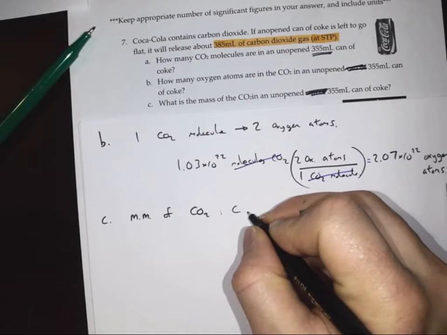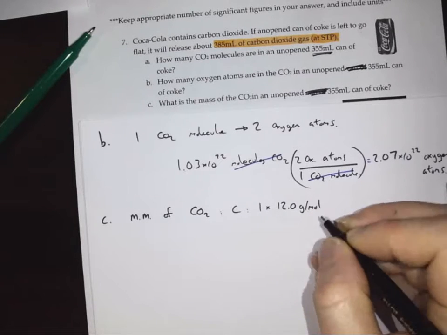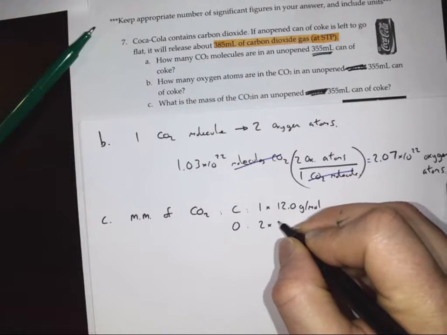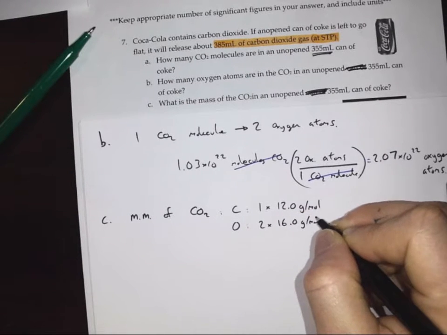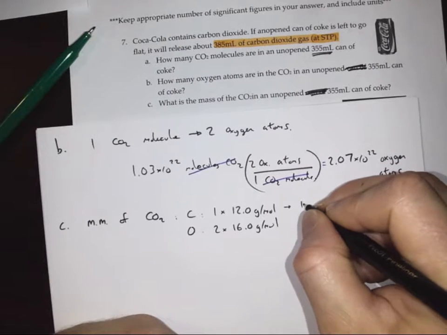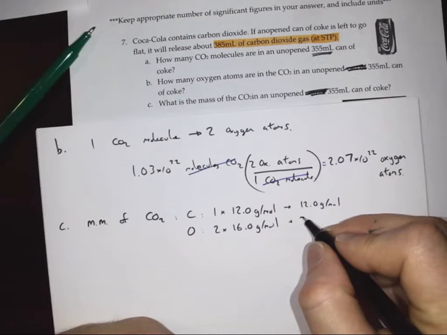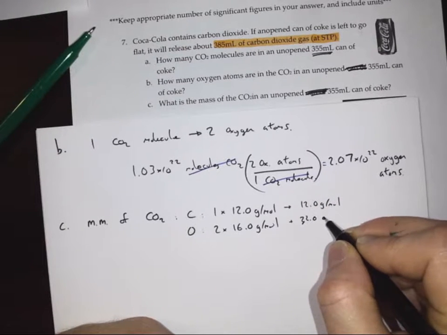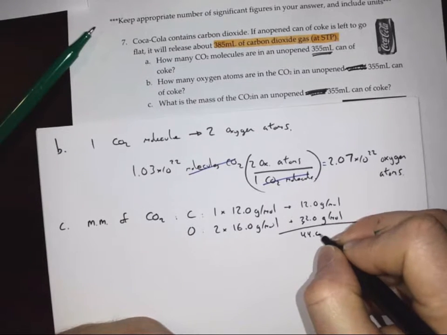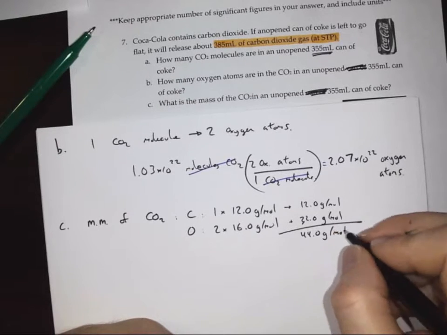Starting with my carbon, I've got 1 times 12.0 grams per mole, and I get that from my periodic table. And my oxygens, I've got 2 times 16.0 grams per mole, right? And so that gives me 12.0 grams per mole plus 32.0 grams per mole here for the oxygens. And I add them together, and I get 44.0 grams per mole, and that's for carbon dioxide.